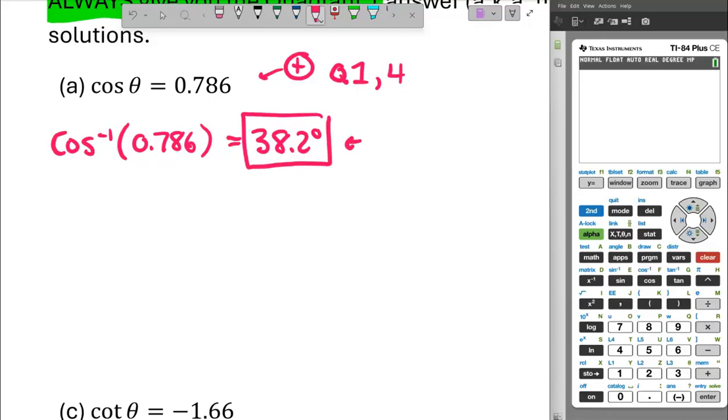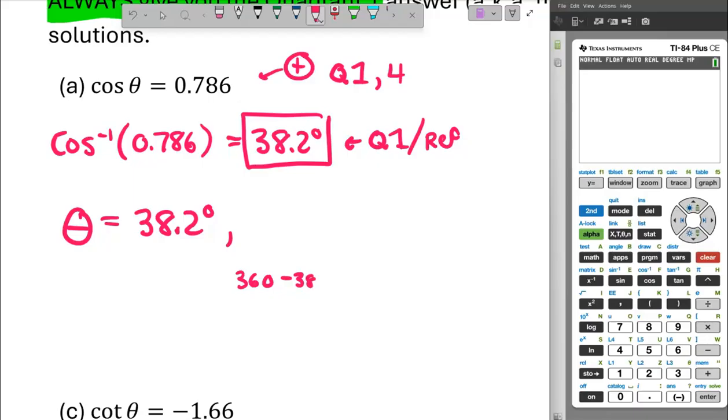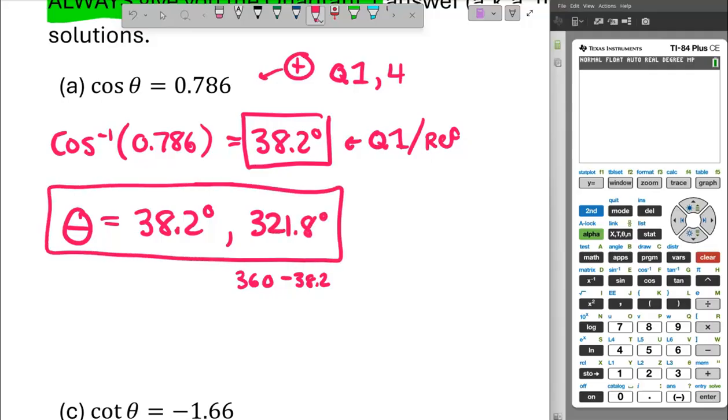That, remember, is going to be my quadrant 1 answer, but it is also going to be my reference angle. And so when I write down my final answer, 38.2 will indeed be my first answer. My second answer, since it's in quadrant 4, we've learned that you do 360 minus the reference angle, and that's going to give me my other answer here, which is 321.8 degrees. And that's it. There's your process.